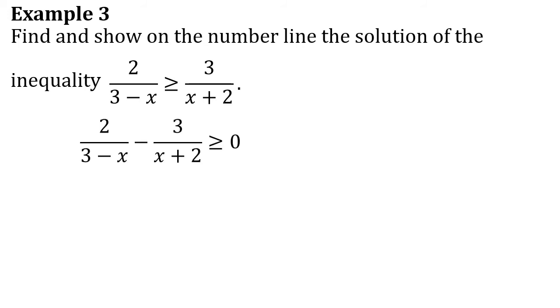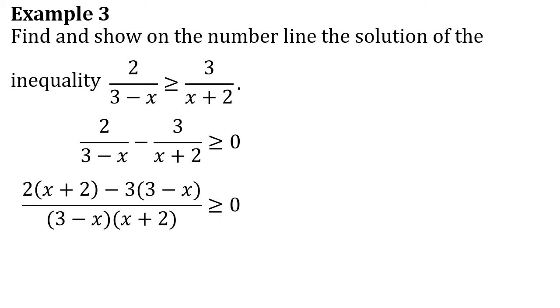So we have to compare it with 0. So transpose the term from the right side of the equation. So that will be 2 over 3 minus x minus 3 all over x plus 2 greater than or equal to 0. So the LCD is 3 minus x times x plus 2.